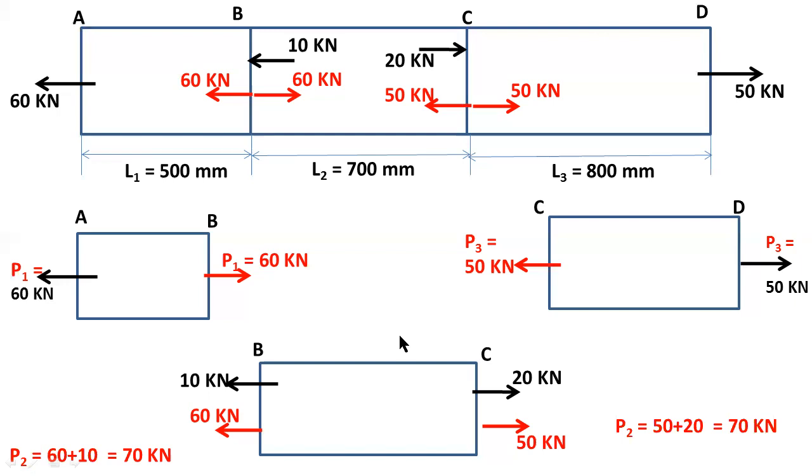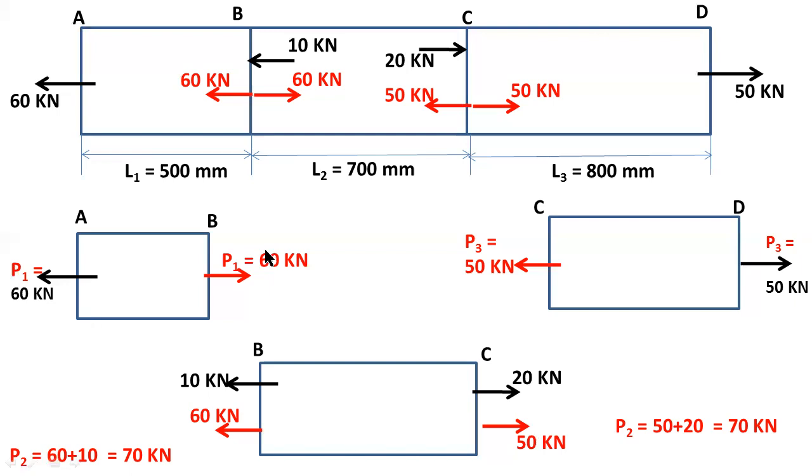At the right side, the load acting at C equals 50 plus 20 equals 70. Similarly, the load acting at end B equals 10 plus 60 equals 70. So both are the same, and both are in equal and opposite directions. These two loads are in the left side direction, these two loads are in the right side direction. That means the two forces are equal and opposite, so you can easily find the stress for this middle section.